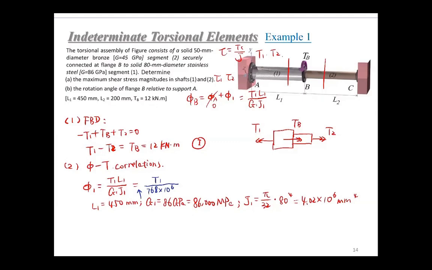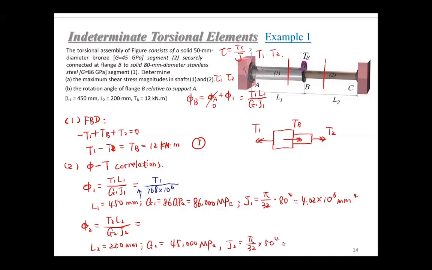In the same way, you will derive that phi 2 equals T2 L2 over G2 J2. We know a lot of values, where L2 equals 200 millimeter, G2 is 45,000 MPa, and J2 is pi over 32 times 50 to the fourth.